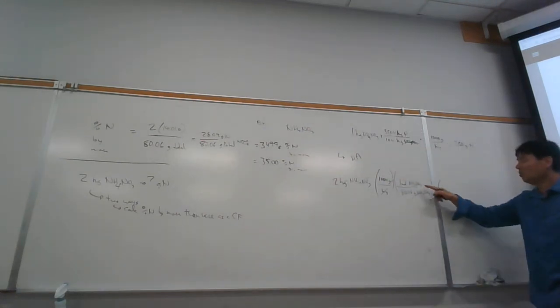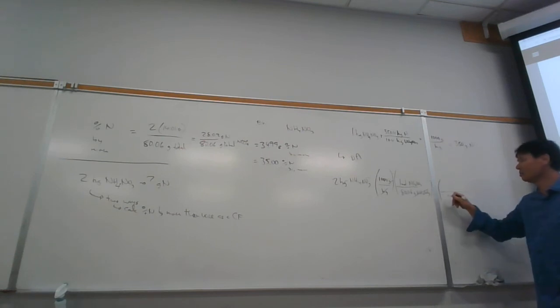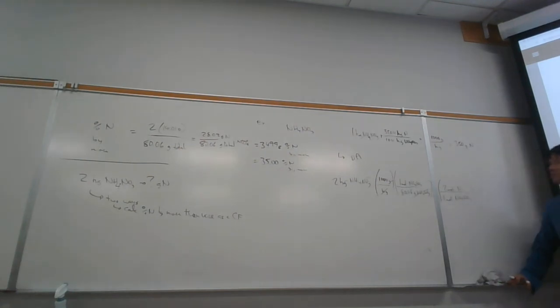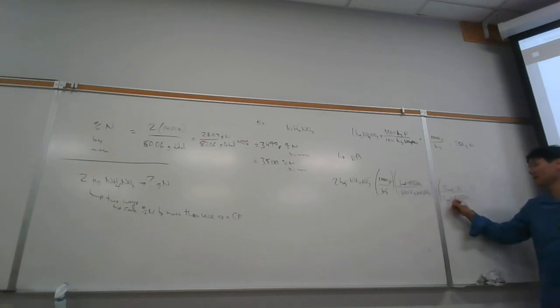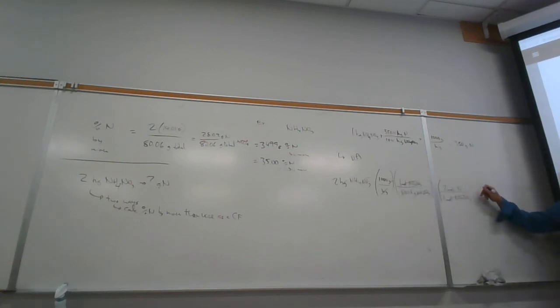So if I have 1 mole of ammonium nitrate, then I have 2 moles of nitrogen. So 1 mole of ammonium nitrate contains 2 moles of nitrogen atoms. This is not N2 gas, it's nitrogen atoms. And so the moles of ammonium nitrate cancel, and that leaves us with moles of nitrogen atoms.